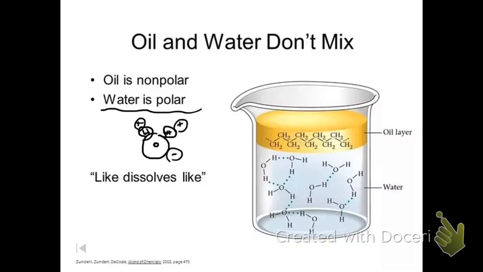There's a slight negative charge on the oxygens and a slight positive charge on the hydrogens. This gives the molecule an overall charge. There's some negative areas and some positive areas. This is the basis of hydrogen bonds that you heard about. So these dotted lines represent weak attractions between water molecules.